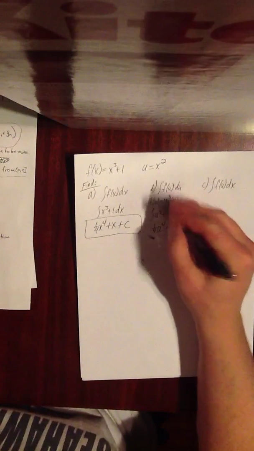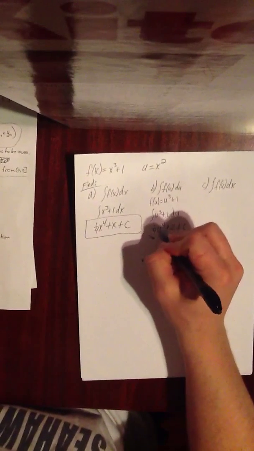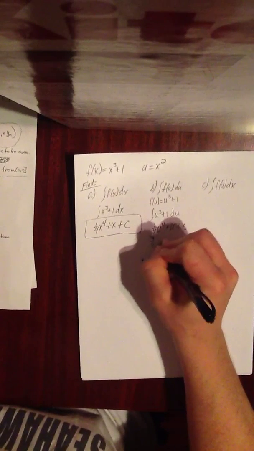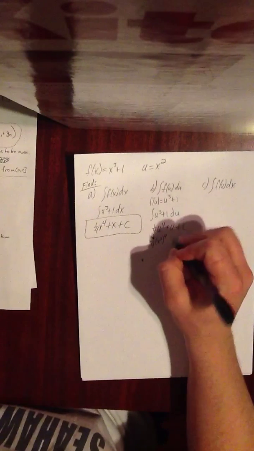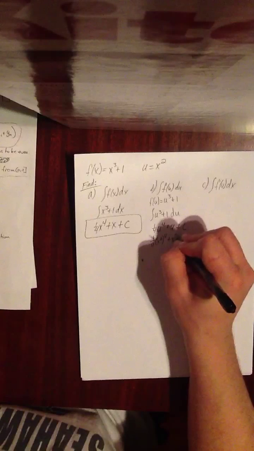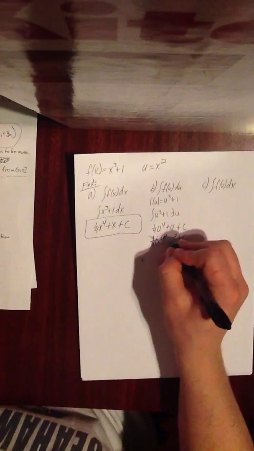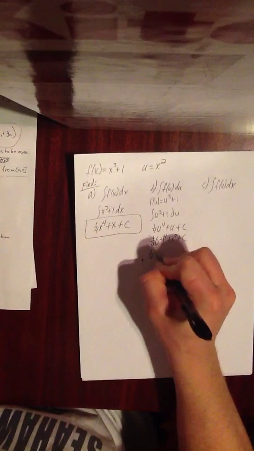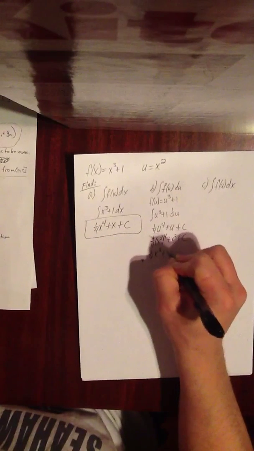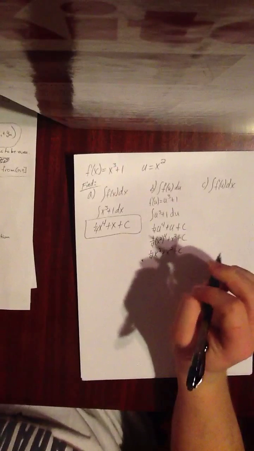So u is x squared, so I'm going to plug in x squared for u here. So I got 1/4 x squared to the 4th plus x squared plus c. X squared to the 4th is x to the 8th. So I have 1/4 x to the 8th plus x squared plus c.